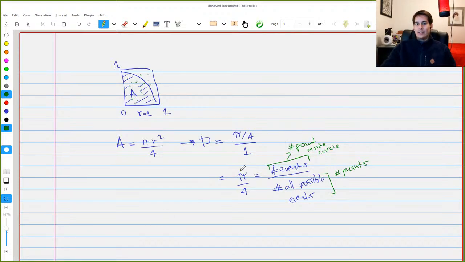Okay, so that's why pi appears here. Basically, you need to calculate the number of points that landed inside the circle, divide by the number of all the points that you throw at this square, and that will give you pi over 4.